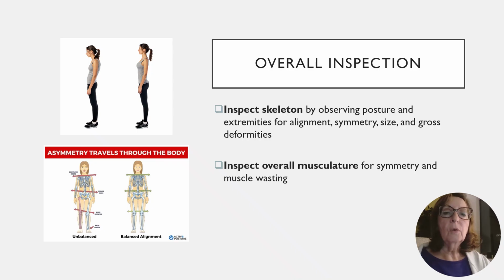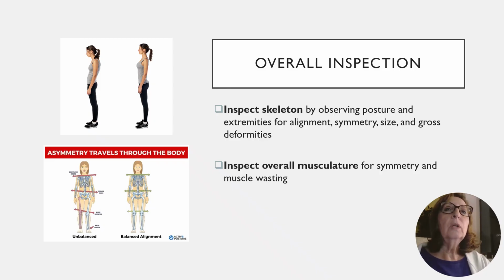When we're doing an overall assessment on our patient, we're going to be inspecting the skeleton by looking at the patient's posture primarily. You're going to be looking at the extremities, and again, symmetry when it comes to the extremities, the arms and the legs. You're looking for symmetry, you're looking for the size, you're going to see if there are any gross deformities.